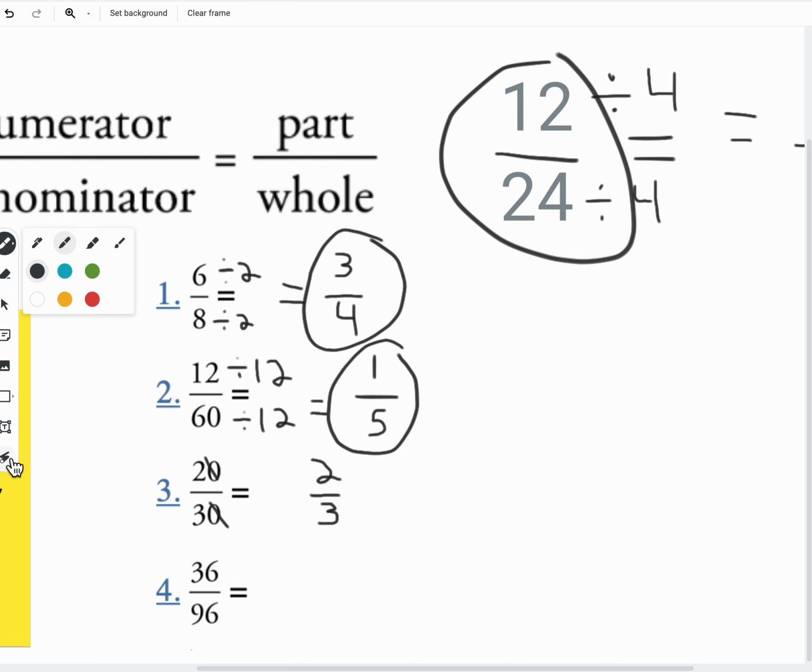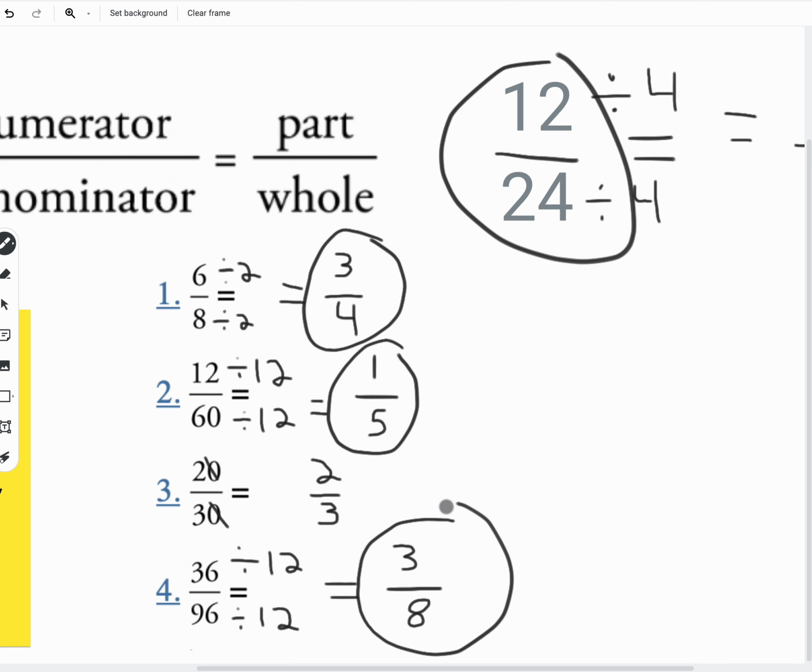All the way up to 12. 12 will be our highest denominator. 36 divided by 12. 96 divided by 12. 36 divided by 12 is 3. 96 divided by 12 is 8. 36/96 will reduce down to 3/8.